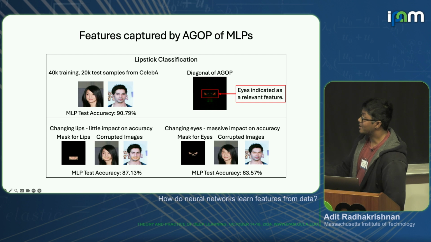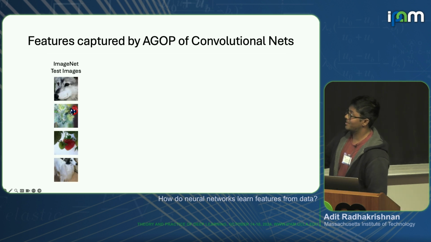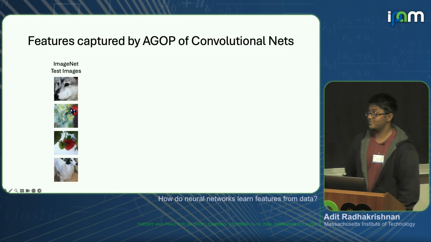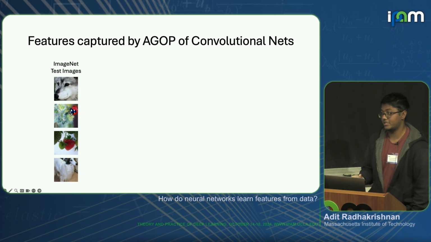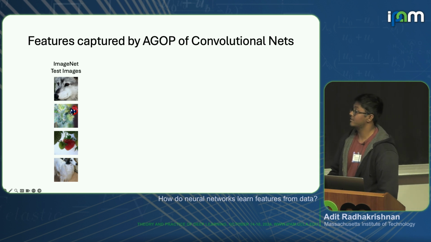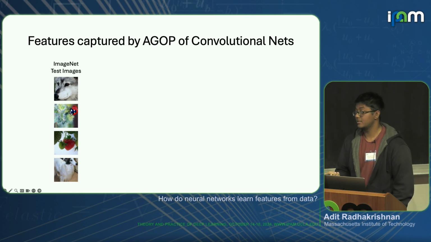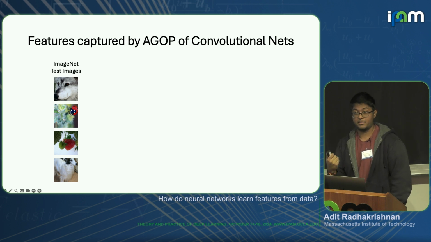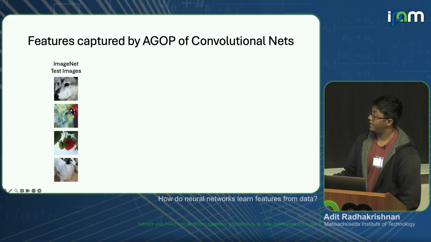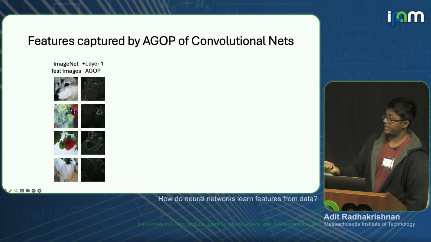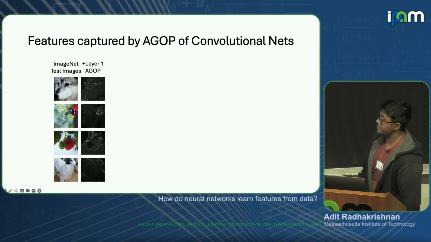And so now we can do the same thing. This is kind of a cute example, but if I take VGG and I want to understand what are the features given by AGOP at every layer, the AGOP now is an operator on image patches. So I can take these test images, take the AGOP for each layer, multiply each patch in my image, and take the norm and visualize it. If I do this visualization for the first layer, I'll see that I'm doing edge detection.